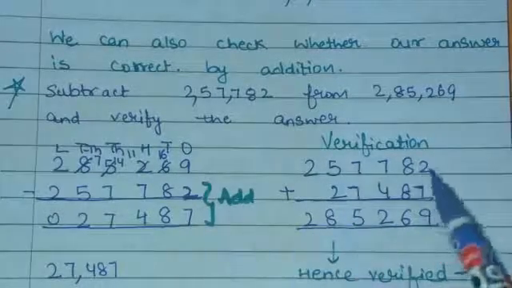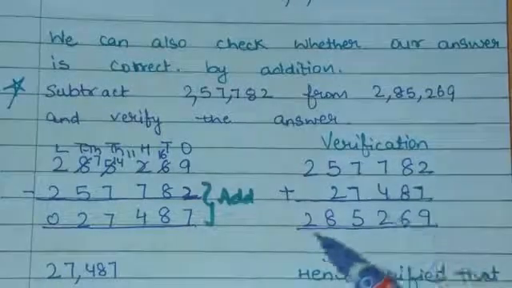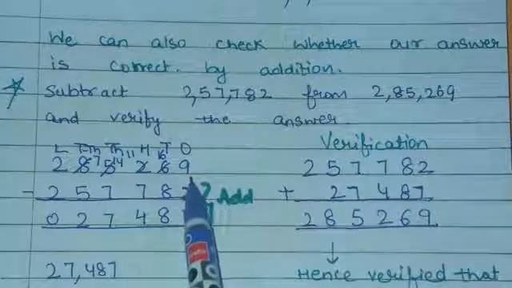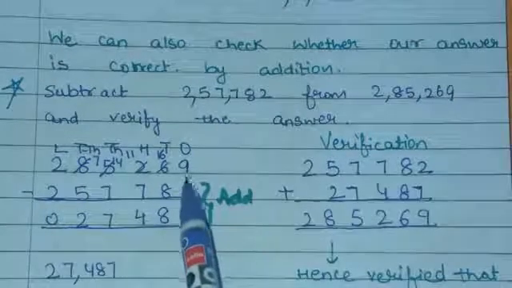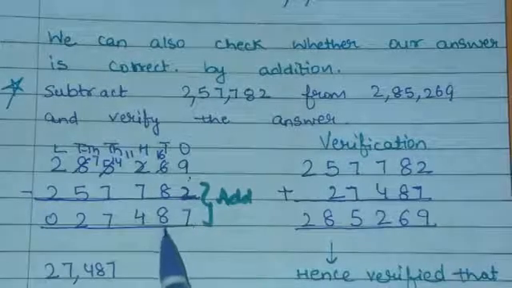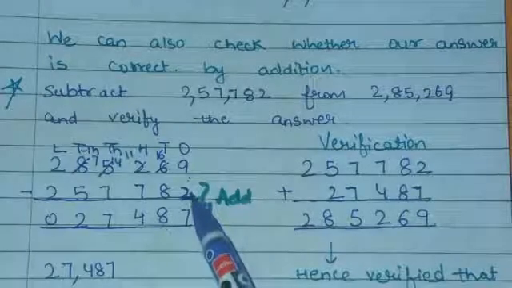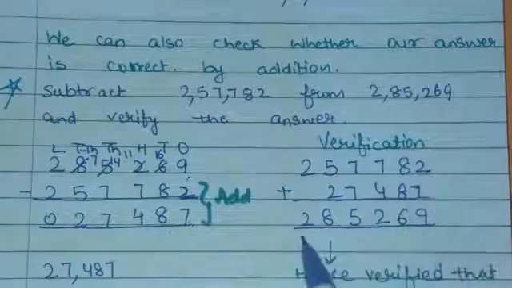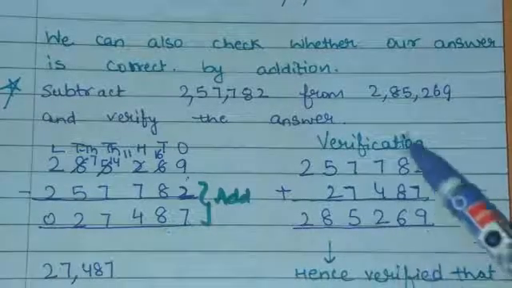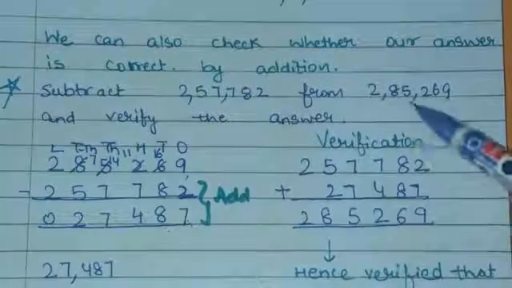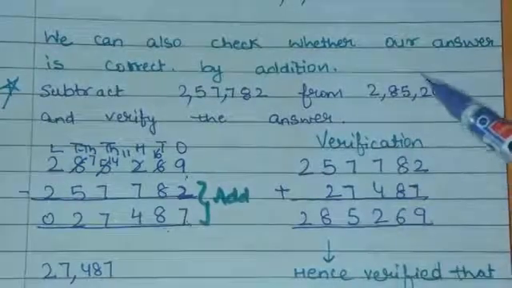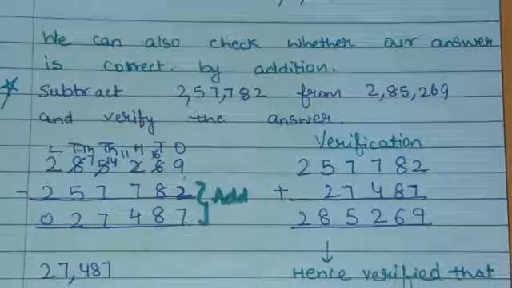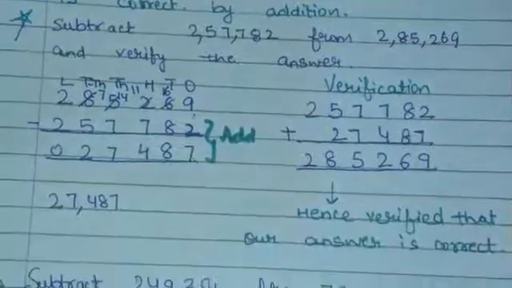So on adding, if the result is coming this number, then it means our answer is correct. So now we have added these two numbers and we got this one. As you all can see, both numbers are same. So it means our answer is correct.